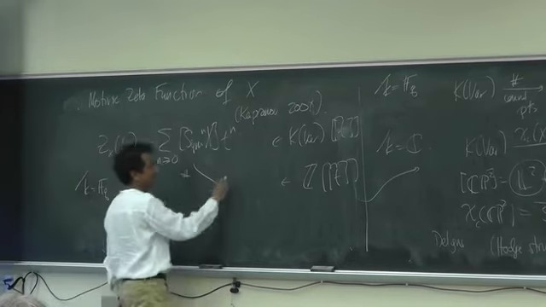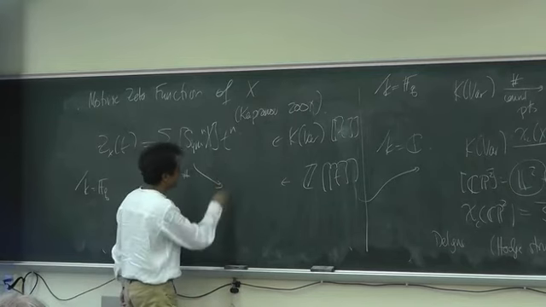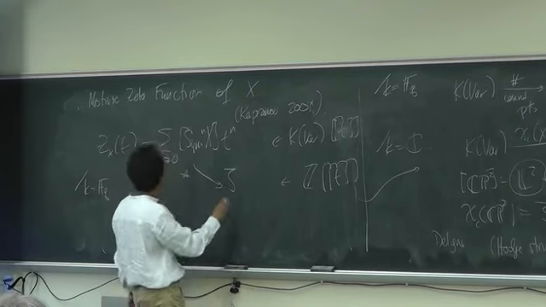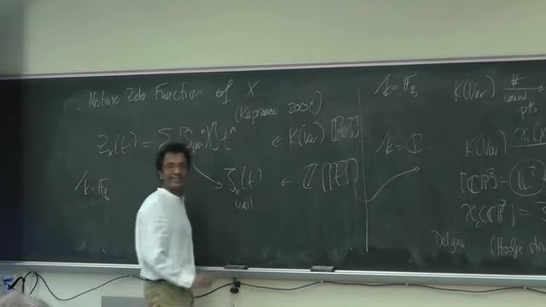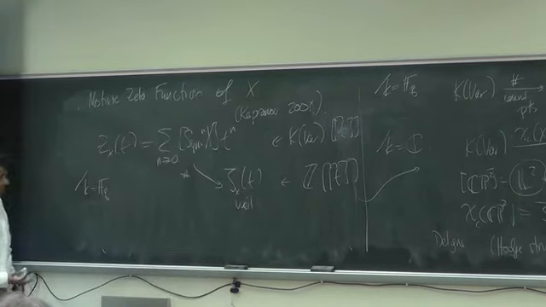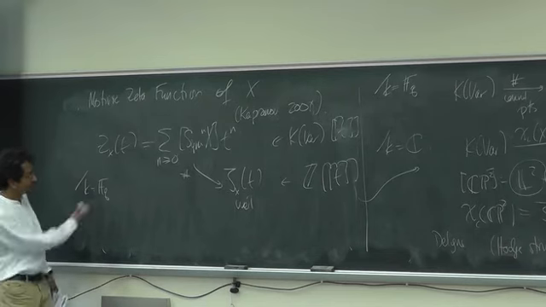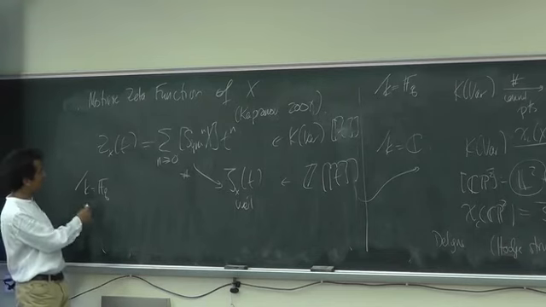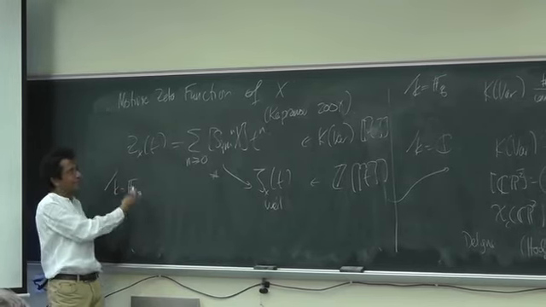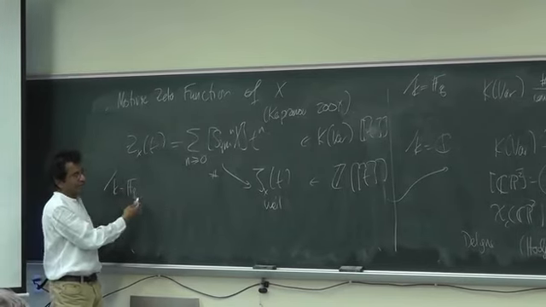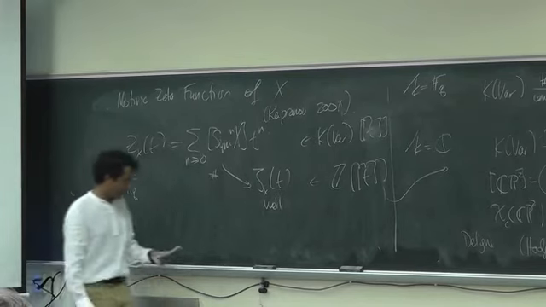You get the Weil zeta function. This is the Weil zeta function, and X is a variety over a finite field, and it counts points over not just k, but over all bigger finite fields. It's essentially a generating function, massaged slightly, for such a thing.